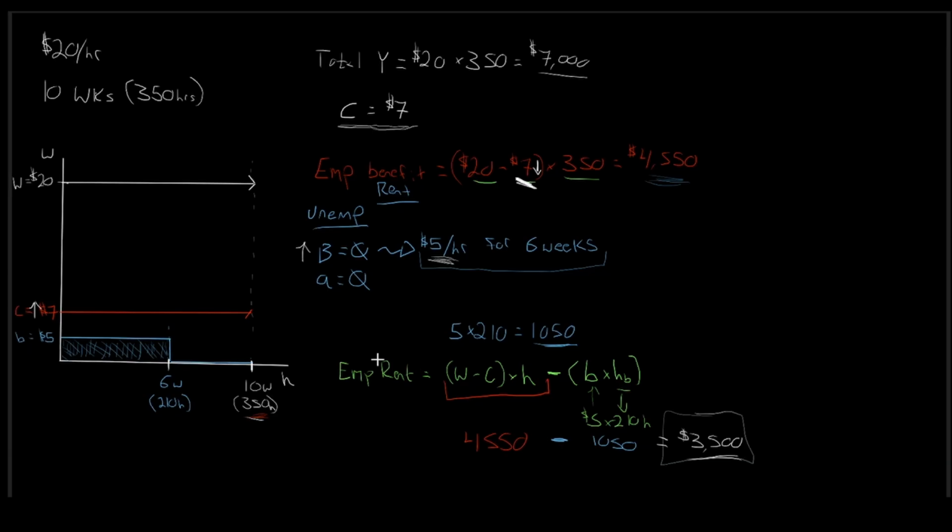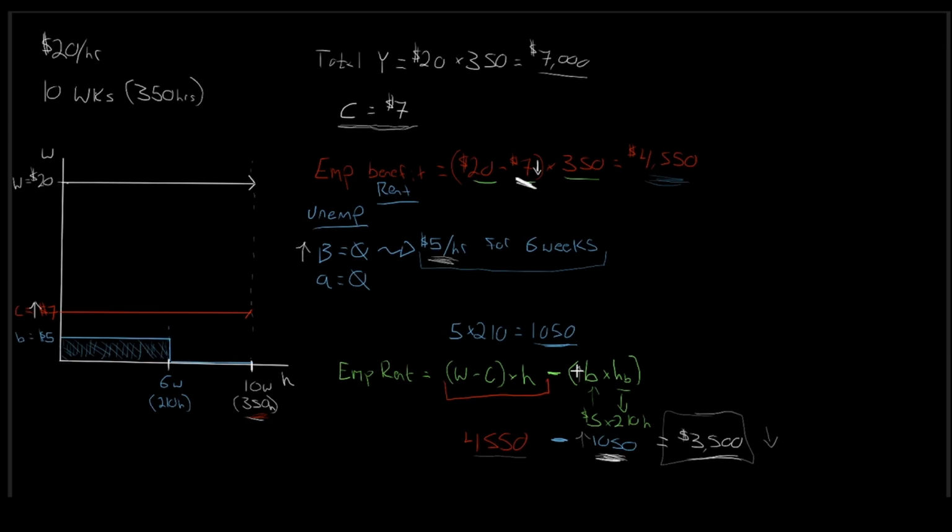Well, as we get larger unemployment benefits, this part here of our next best alternative gets larger. So for a fixed employment benefit minus a larger unemployment benefit, our employment rents would be falling.